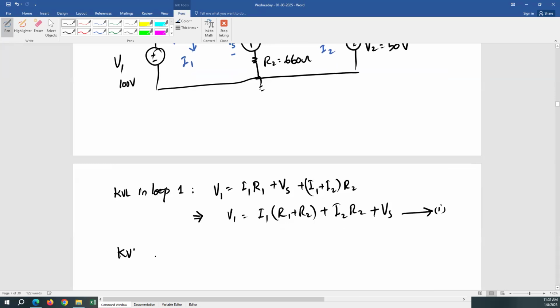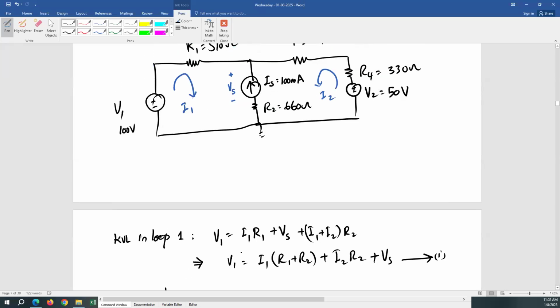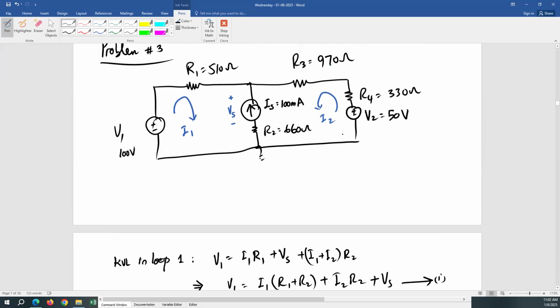All right, what will be KVL in loop 2? What will be the equation for KVL in loop 2? So V2 equals I2 times R4, R3, R2.